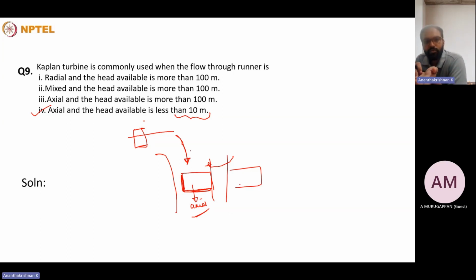Because of that, the Kaplan turbine, a type of axial turbine, can be used in the case of very low head to produce the same amount of power, because of this innovative idea where the radial component is neglected and all of it goes to the tangential component at the inlet. So the option is D, axial and the head available is less than 10 meters.